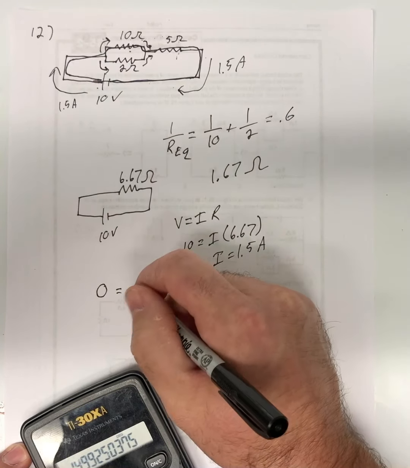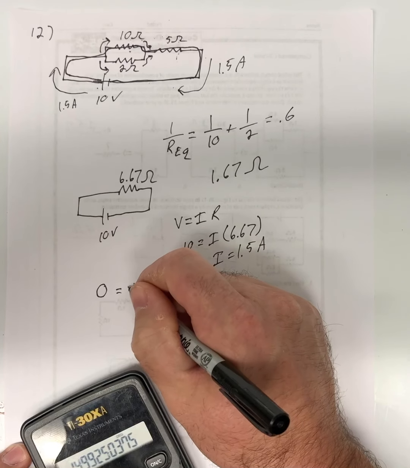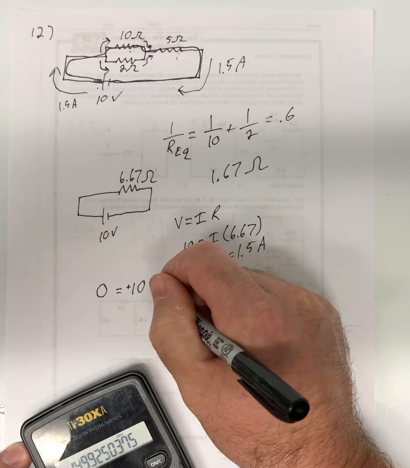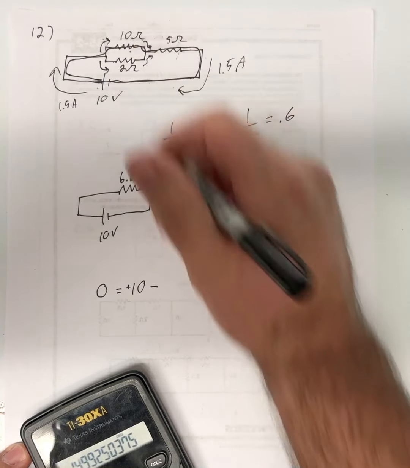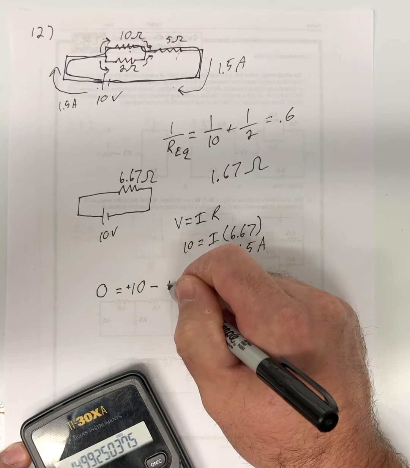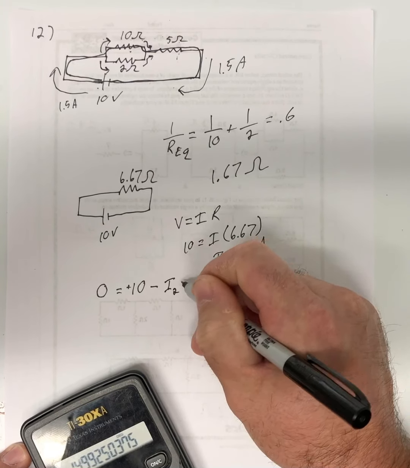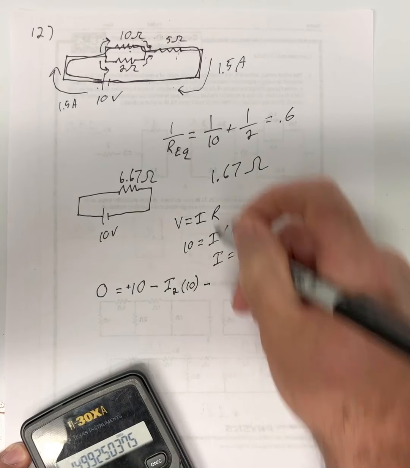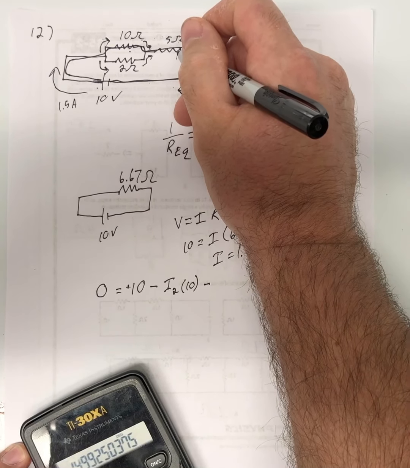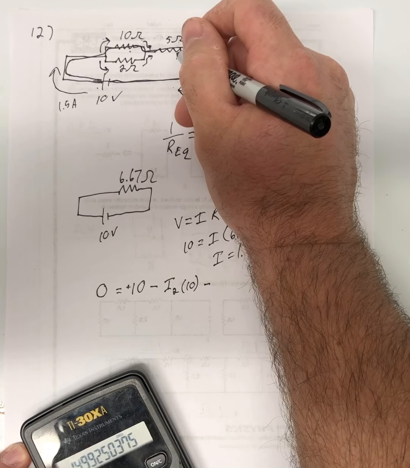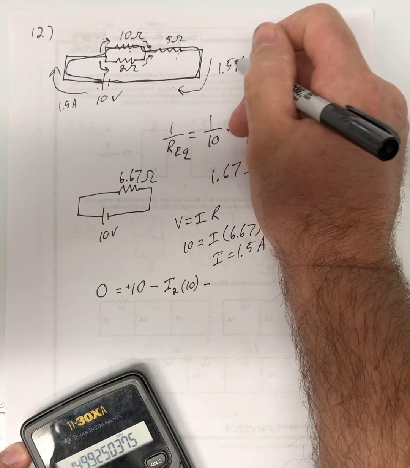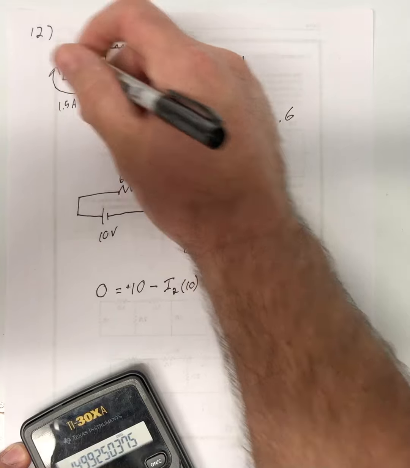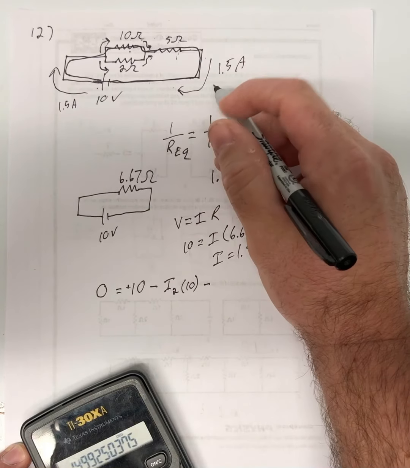I have one source of voltage, which is going to be the 10 volt gain that I have, minus I times R. I don't know this current, I'll call it I2, times my resistance being 10, minus, well, I technically know this current going through this resistor. It's got to be this 1.5 amps. It's the total that came out of the battery. It's got to be the total that comes back into the battery.